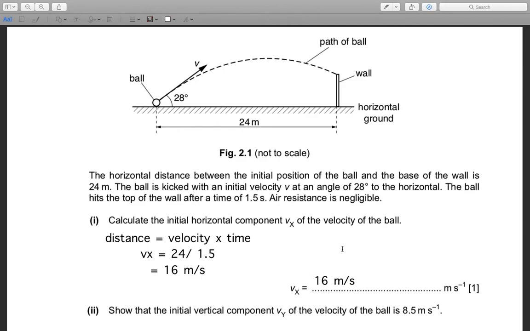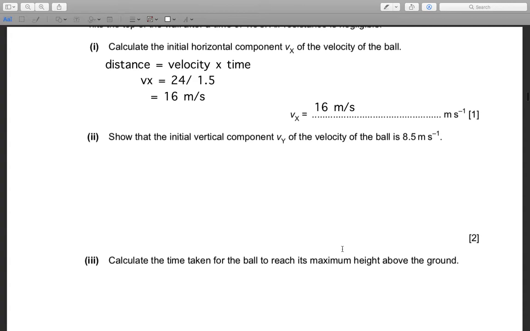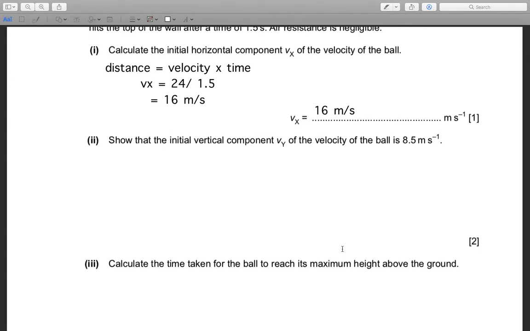Continue with question II: calculate the initial vertical component Vy of the velocity of the ball.